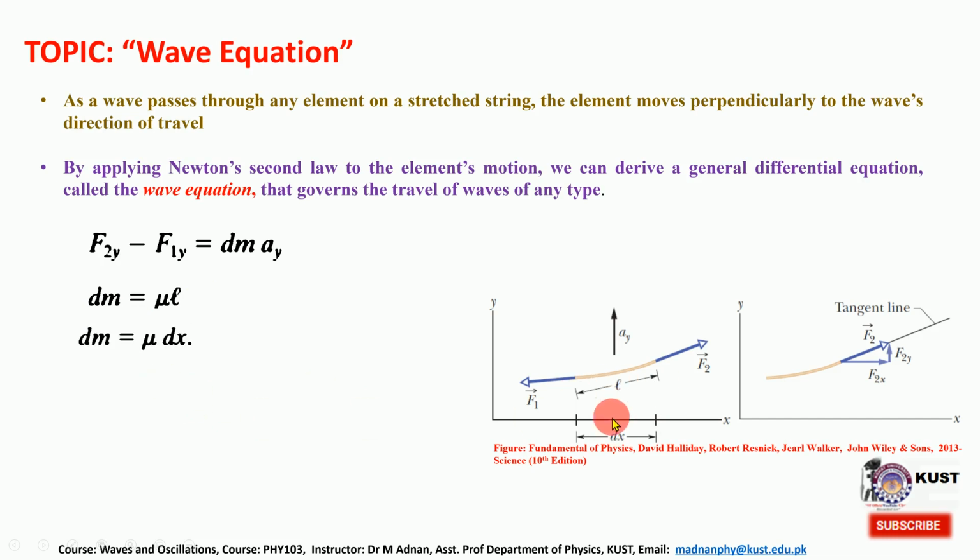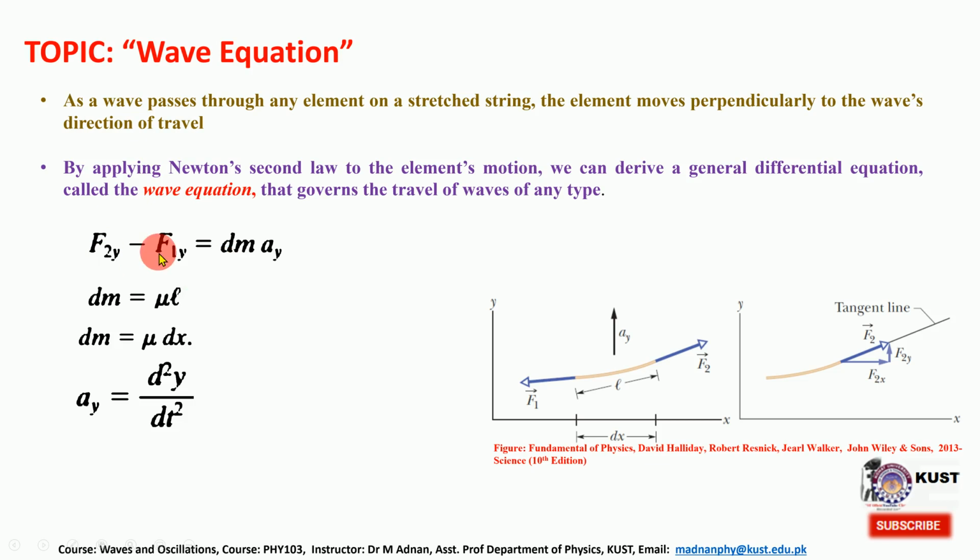This L is approximately equal to dx, so that this small mass dm, which represents the mass of this small element, can be expressed as mu times dx. Now the acceleration along the y coordinate is d squared y over dt squared. So we have found the measurable quantities in this force equation, which is Newton's second law.